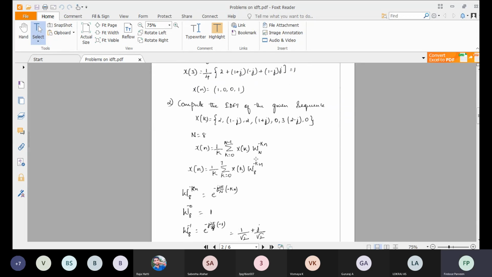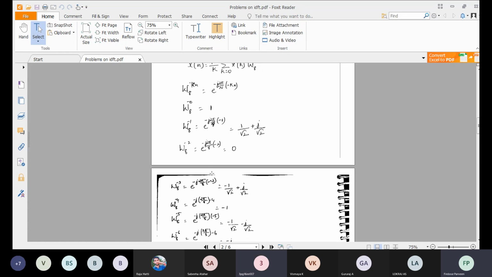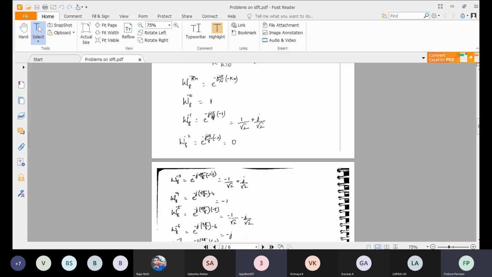Here there is a mistake. The formula, this is 1 by n, okay? Don't get confused, it is 1 by n. W to the power of minus 0, what you got? It is 1. 1, ma'am. W to the power of minus 1.